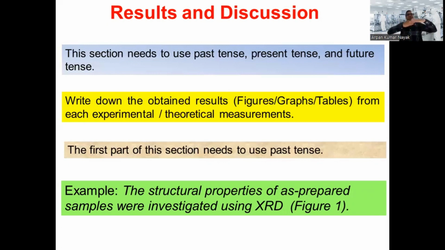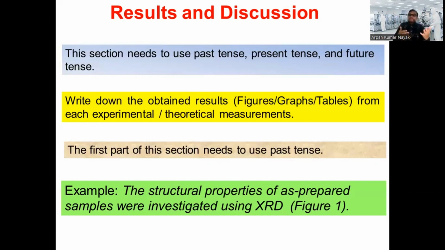Similarly, when you jump to another instrument, suppose you want to study the microstructure, then: the microstructural analysis of the samples was studied using transmission electron microscope. So the first sentence in the results, since you present what was already previously observed, you have to write in past tense.